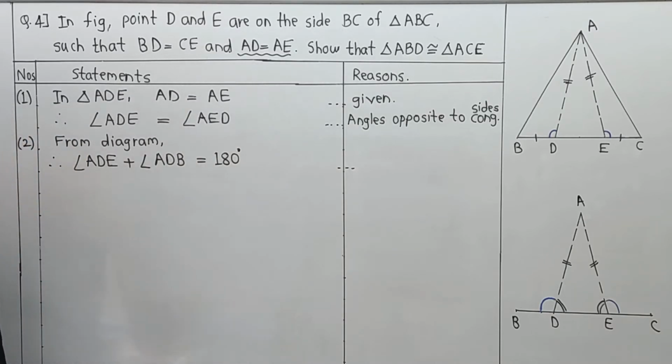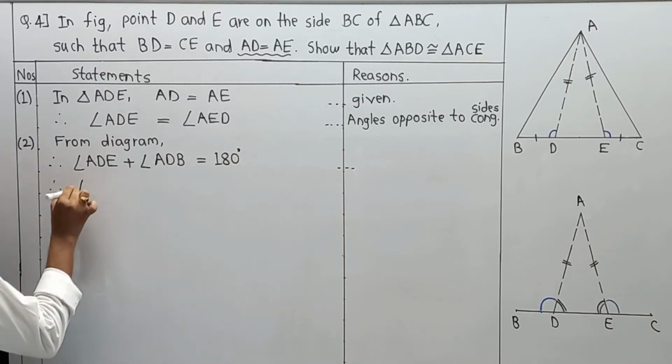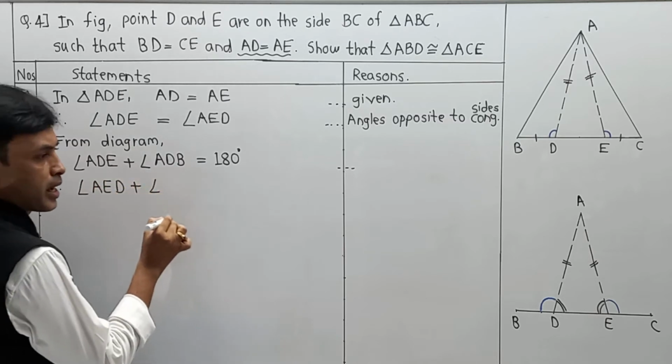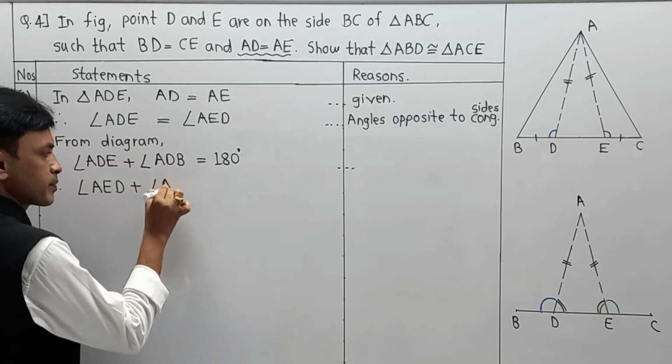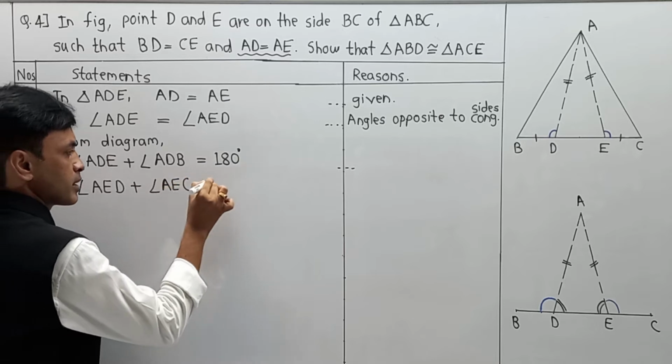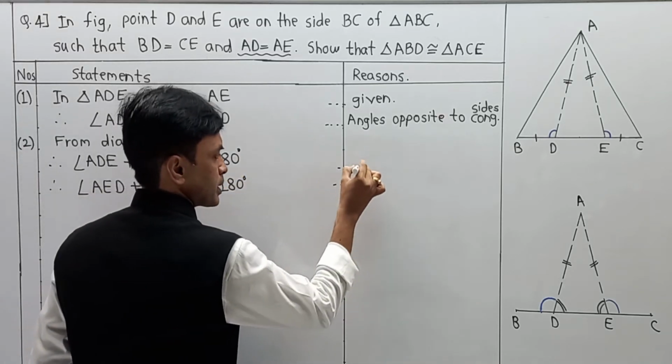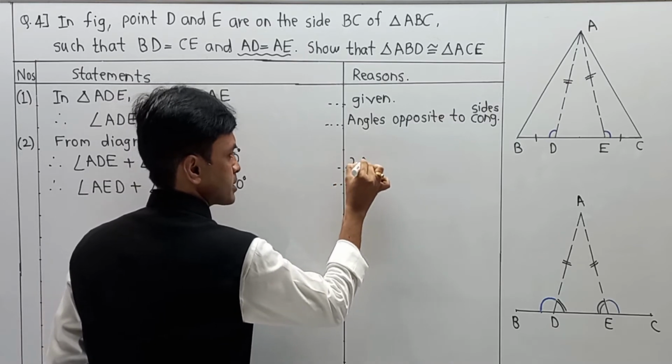Next, angle AED plus angle AEC is equal to 180 degree. For both parts, the reason is angles in linear pair.